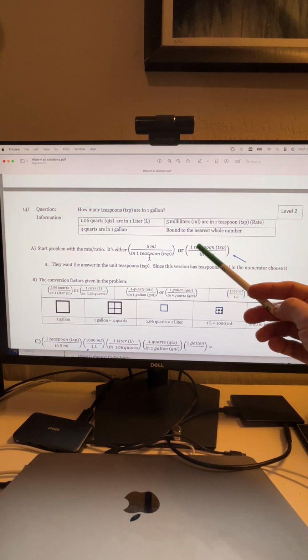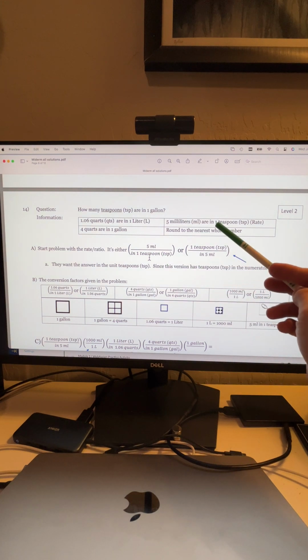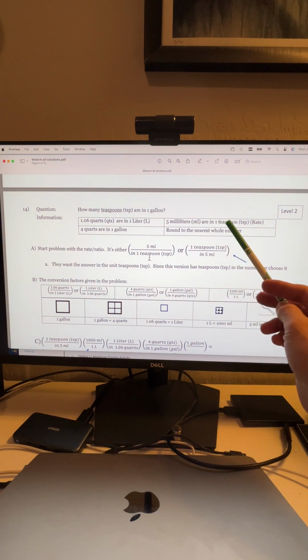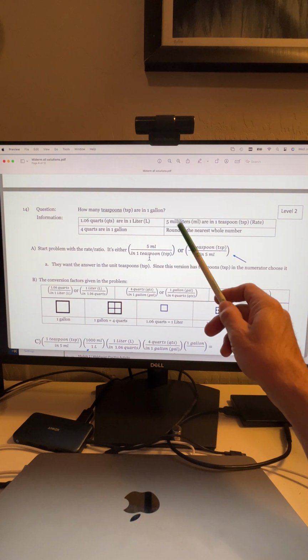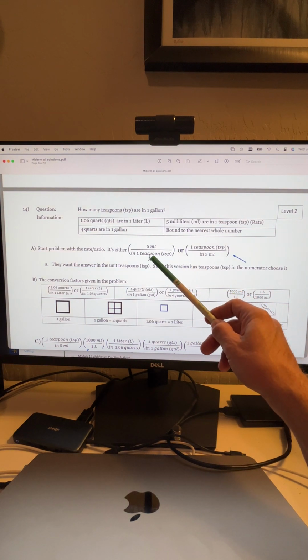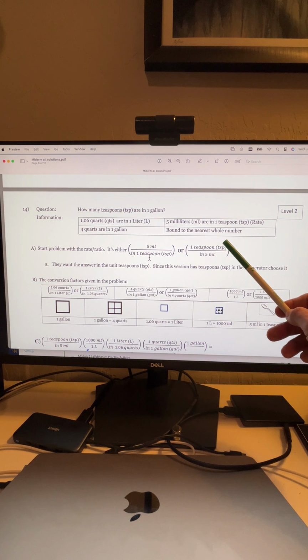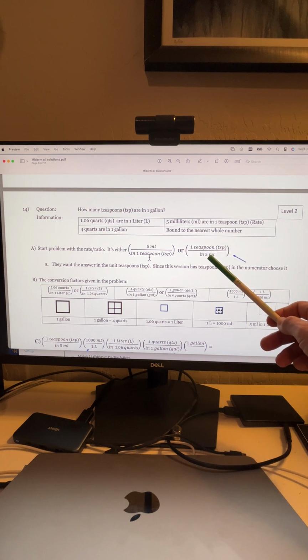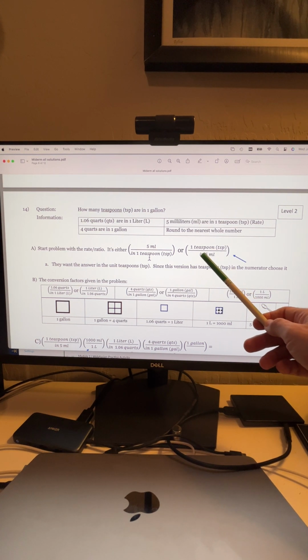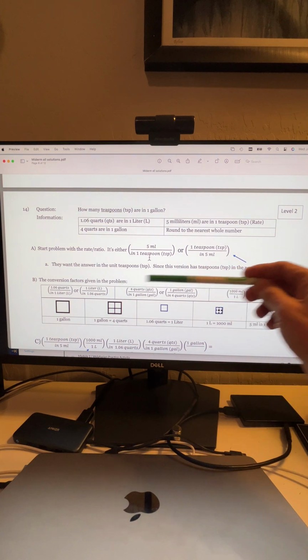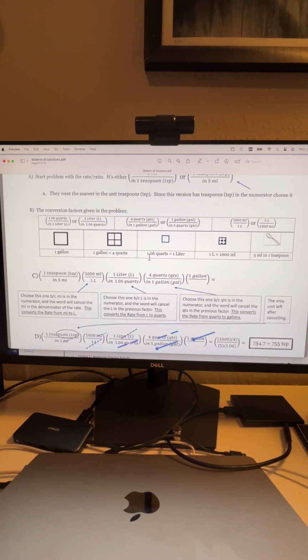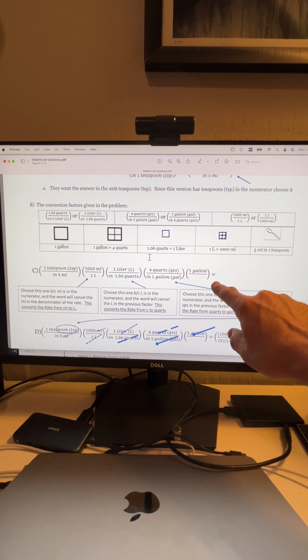So in that flow chart, we have 5 milliliters and 1 teaspoon. This can be written as 5 milliliters over 1 teaspoon, or it can be written as 1 teaspoon over 5 milliliters. This is the age-old question of do you multiply or do you divide? And this step of dimensional analysis, big term, dimensional just means it's in one dimension. It's a straight line. Look at the math, it's in a straight line.